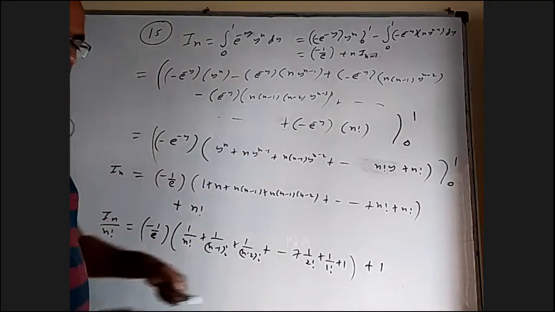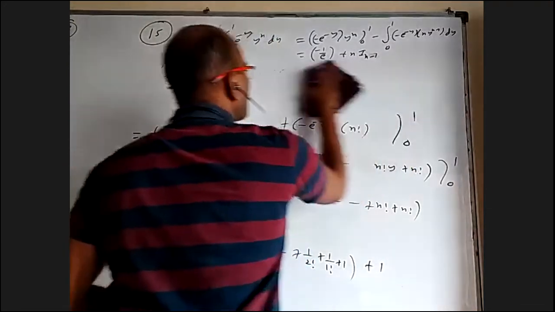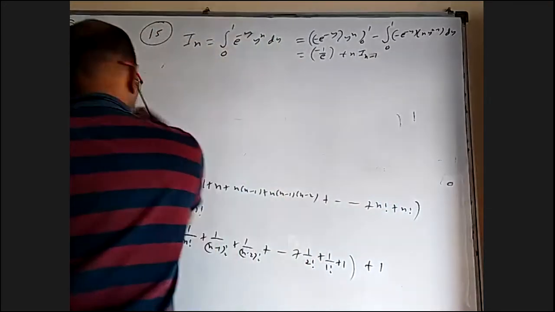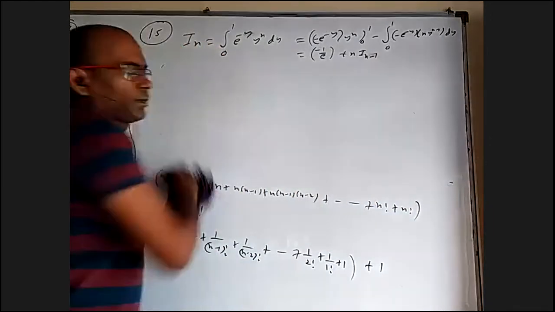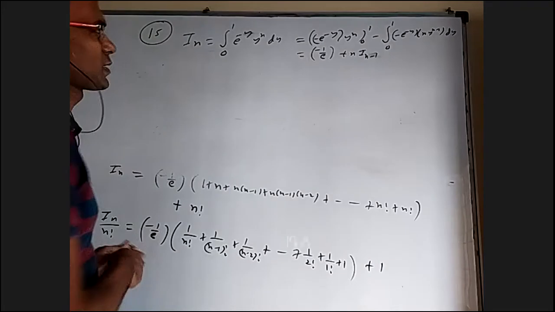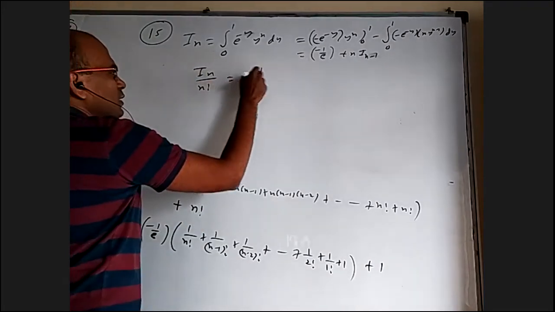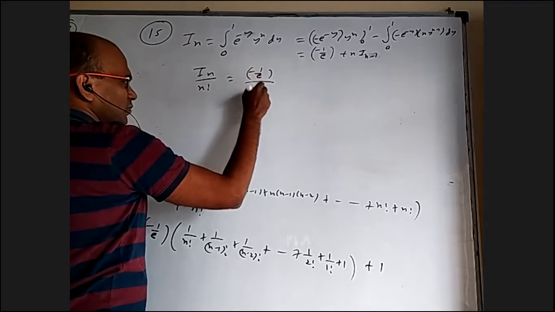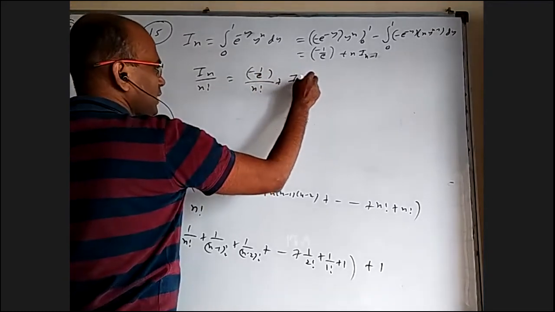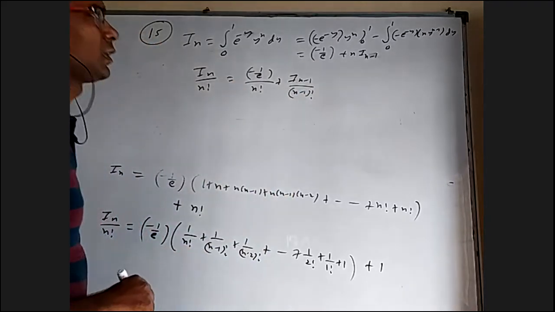Okay, I'm going to erase this previous one because we're not going to use it. Okay. So I can find In answer in terms of In minus 1 at best. If you have to divide with n factorial, In by n factorial is minus 1 by e by n factorial plus In minus 1 by n minus 1 factorial. Is it minus or plus?